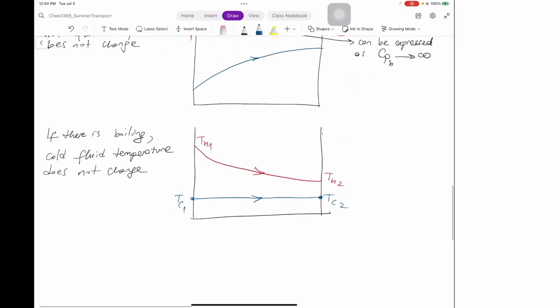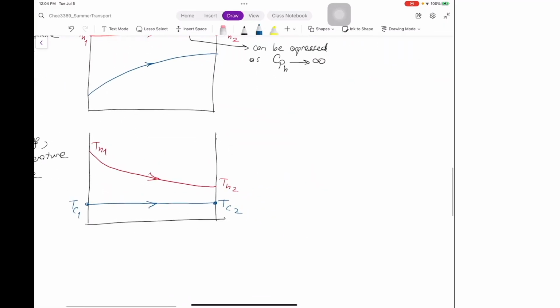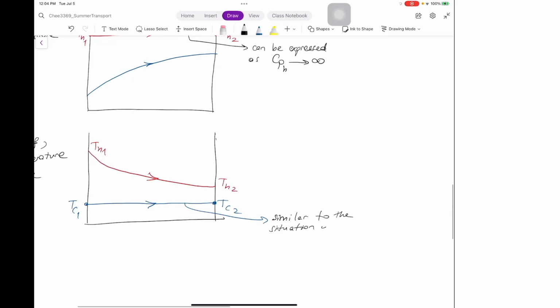And for this situation, the cold fluid can be modeled as something having a large specific heat capacity. Similar to this situation where Cp cold goes to infinity. Okay.